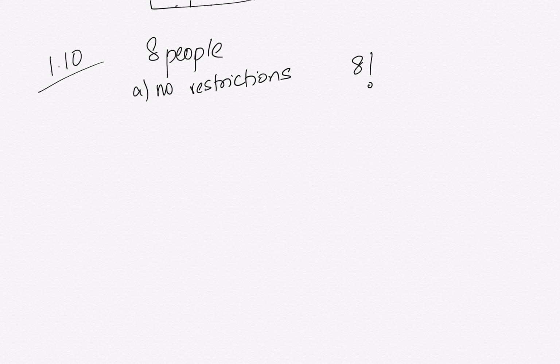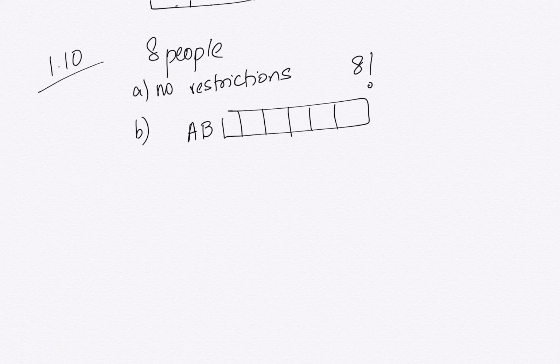Okay. Now, part B. If you have from these 8 people, persons A and B must sit next to each other. Then how many ways can you seat these 8 people? Okay, so how do you do that? You have person A and person B, and you have 6 other people.